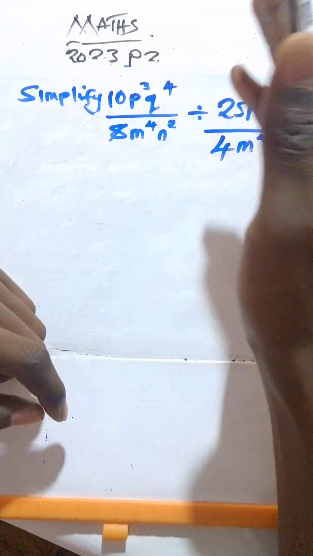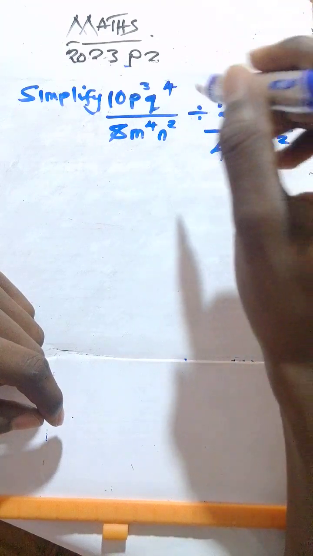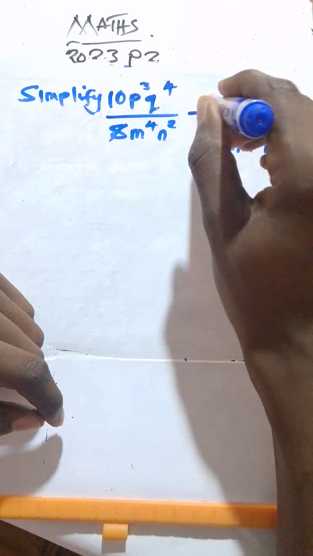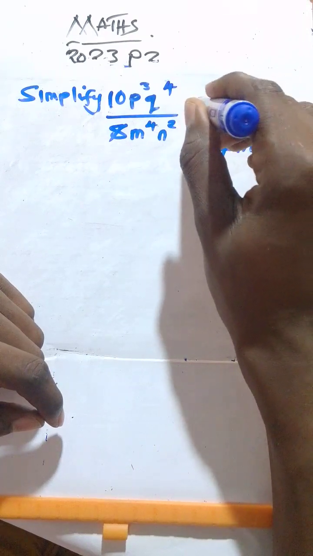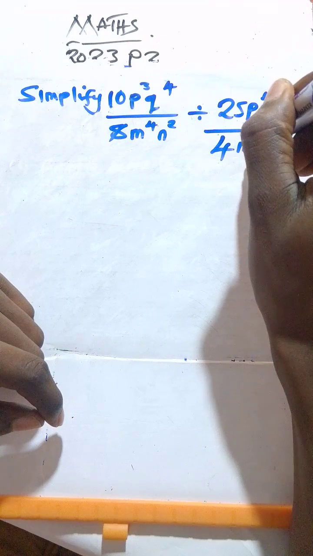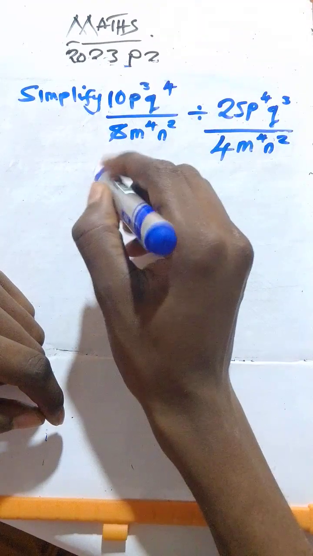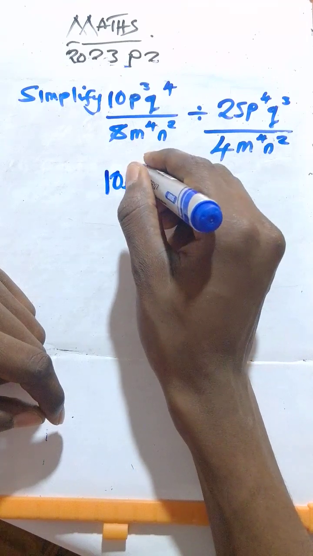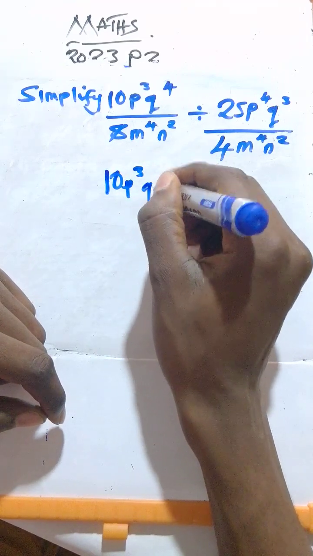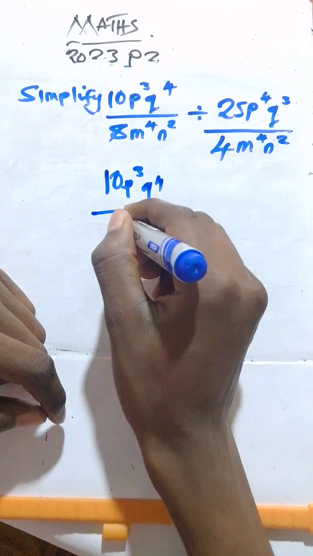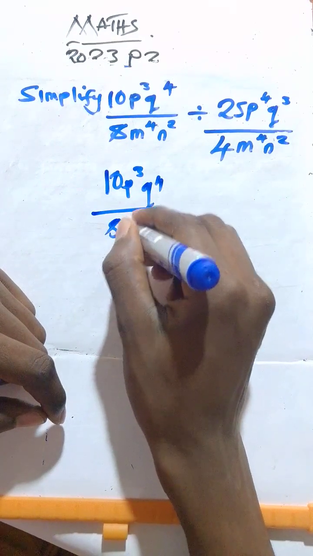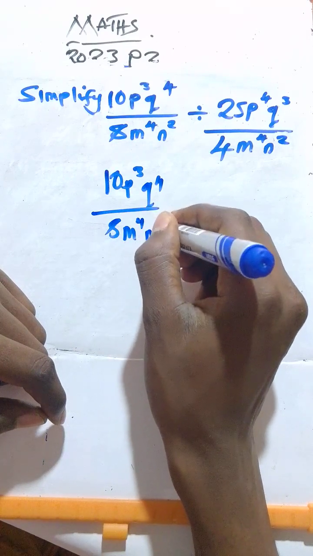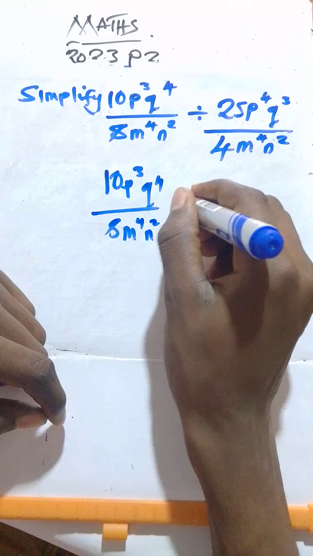The left part of our question will remain the same. Well, the moment we introduce the multiplication sign here, these two will interchange. So we are saying 10p to the power 3 q to the power 4 over 8m to the power 4 n to the power 2. Then we multiply.